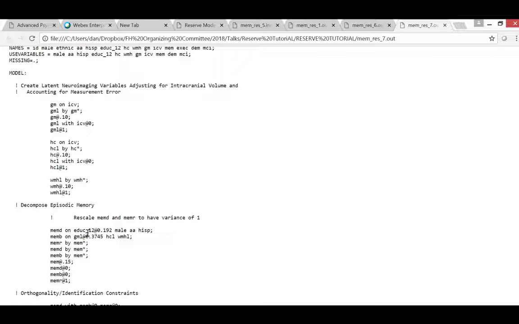So I want to show you some of the warts of this, and as I said, this is not an easy model to run. It was very complicated, and it took a lot of time to work out all of these procedures. Another thing I'll mention is that the strongest finding from this whole study, in my mind, was the interaction of MEM-R with the brain component on rate of cognitive decline.